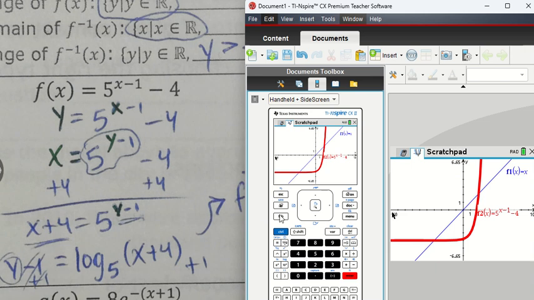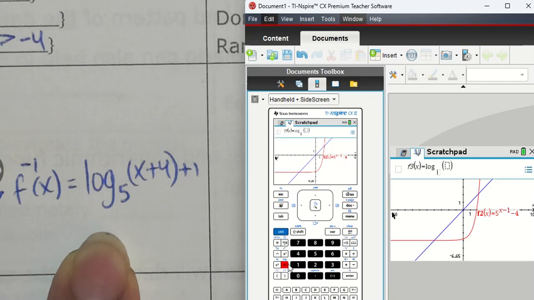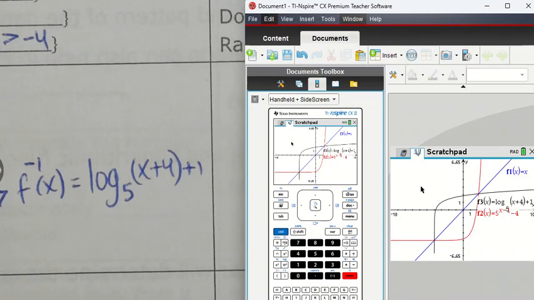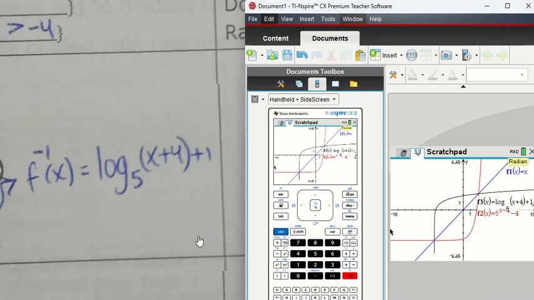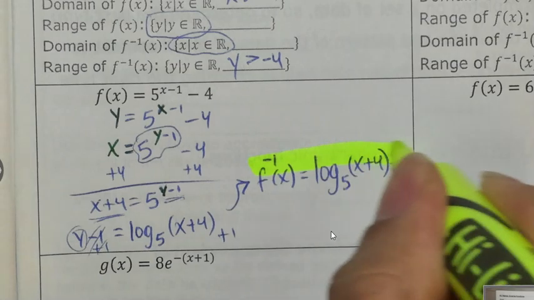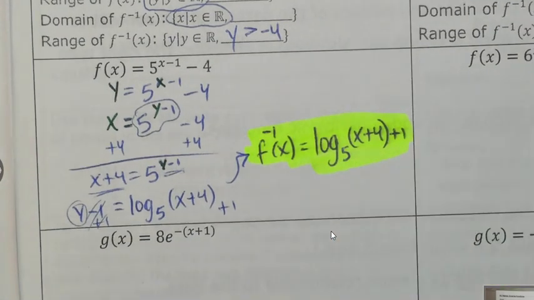And now I'm going to graph the one we created, which is log base 5 of x plus 4, and then plus 1. And there you go. It's a beautiful reflection over the line of y equals x. So this is the inverse of that. Let's practice it one more time.